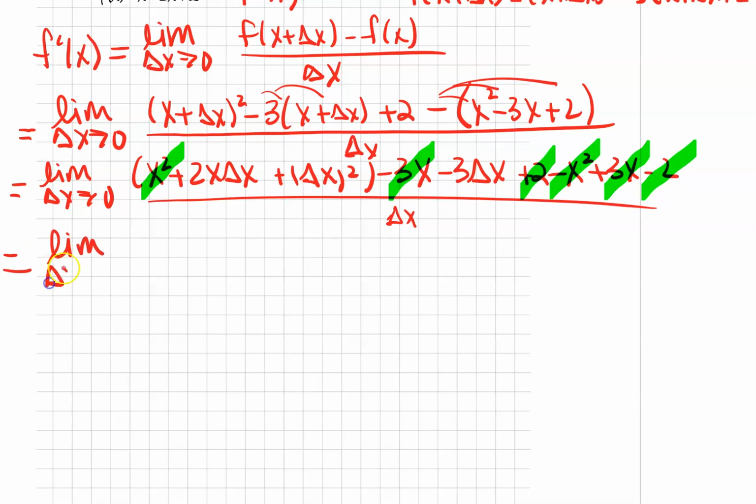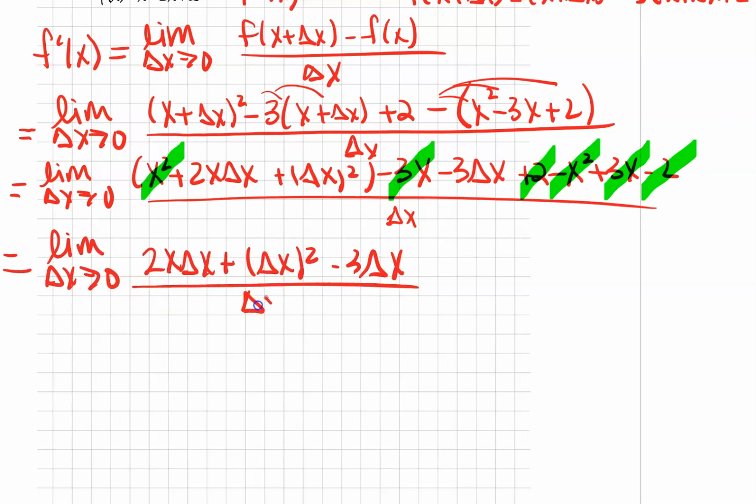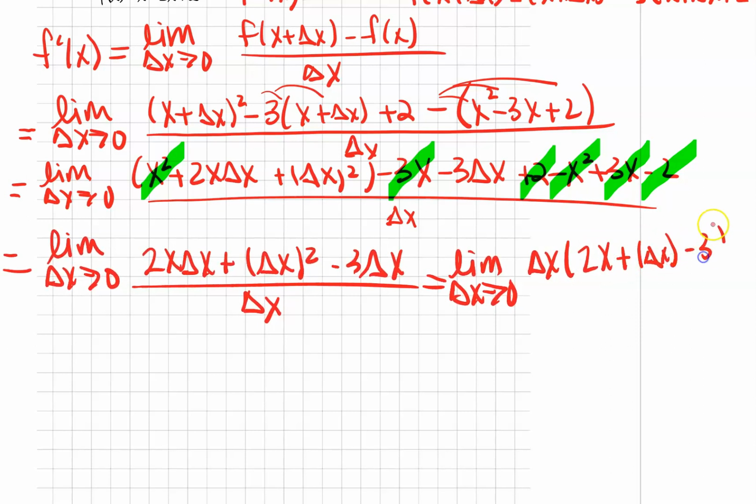So the limit as delta x goes to 0 of 2x delta x plus delta x squared minus 3 delta x all over delta x. Now we should be able to factor a delta x out of there. There's our next stopping point. So delta x gives me 2x plus delta x minus 3 all over delta x.